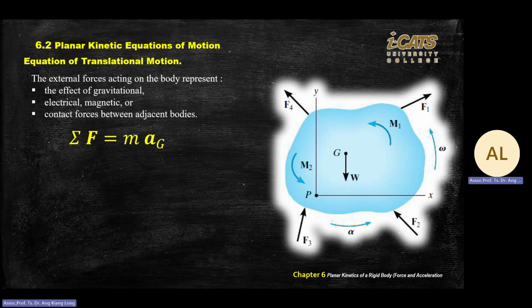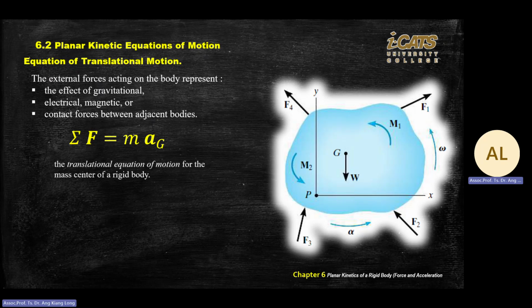Okay. So for a rigid body, your F equal to ma equation changes a little bit, where you will see a sub g at the acceleration. In a particle, you don't need to write sub g because it's either moving to the left, moving up or down, or to the right. But in this case, you are focusing on center of mass G.